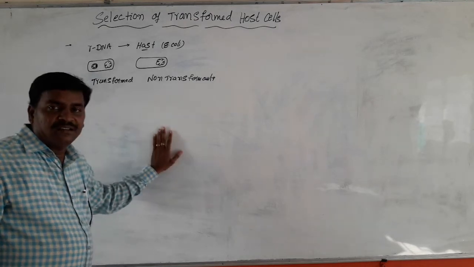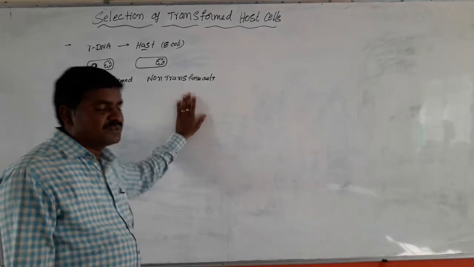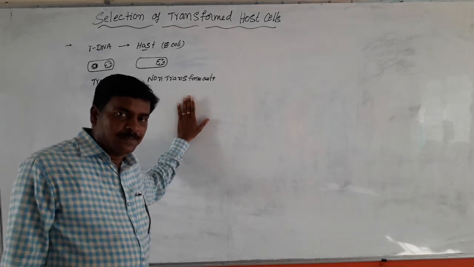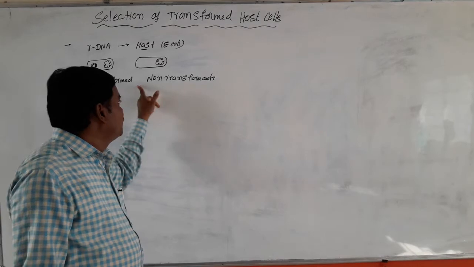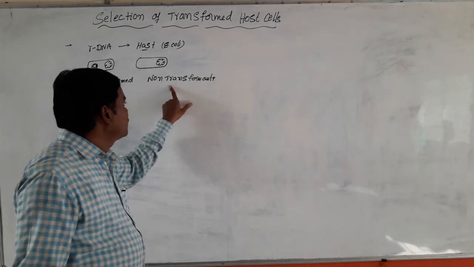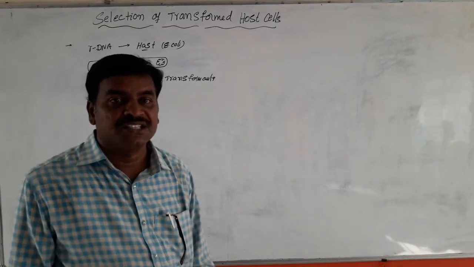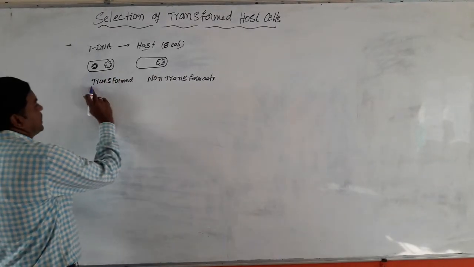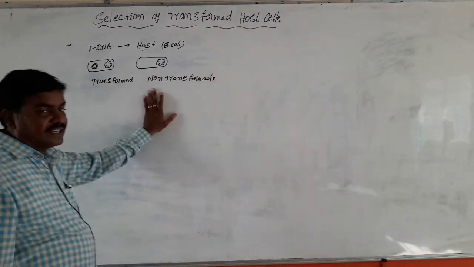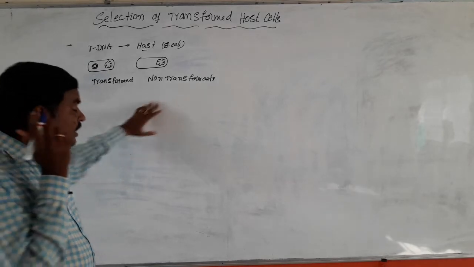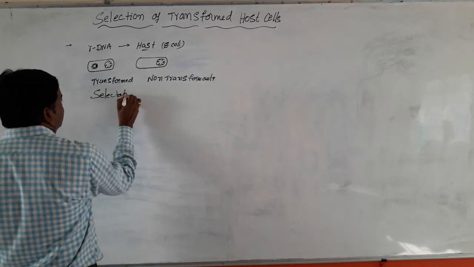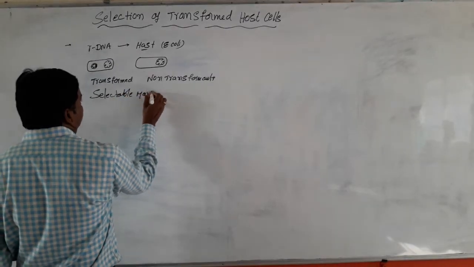they must be isolated from the non-transformed cells for selective growth of transformed cells. So, there is a need for identification and elimination of the non-transformed cells to achieve the selective growth of transformed cells. Now, these transformed cells are recognized by using selectable markers.